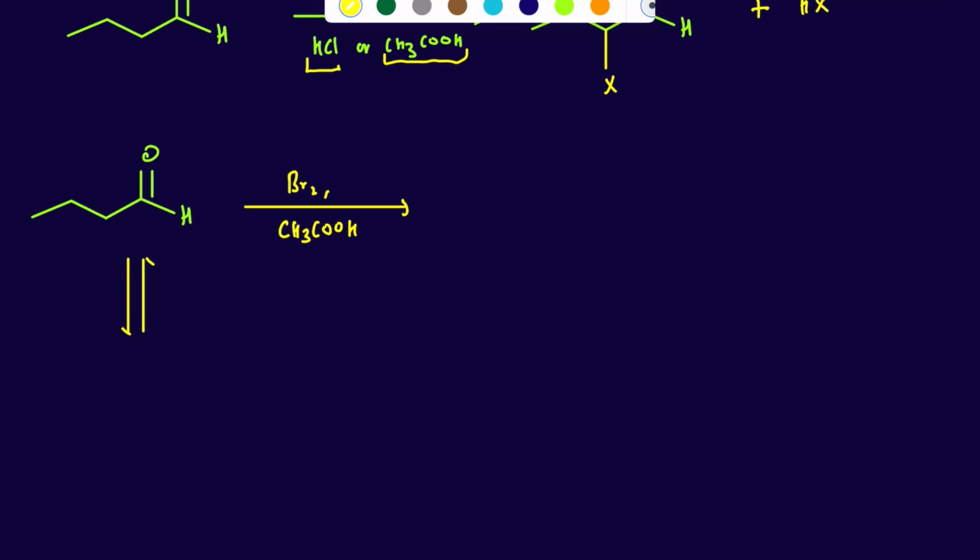So first of all, when you're writing this acetic acid, you may also see this written as AcOH, which means the same thing. I'll use this acetic acid proton to go ahead and protonate this oxygen first in the first step.